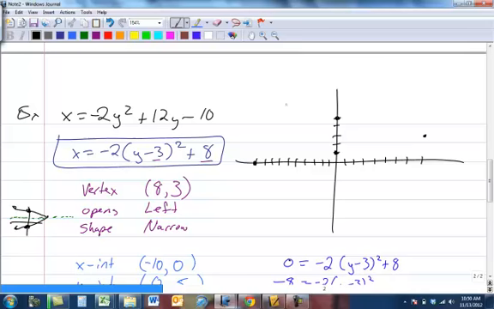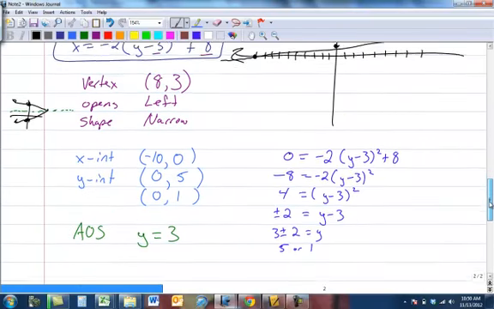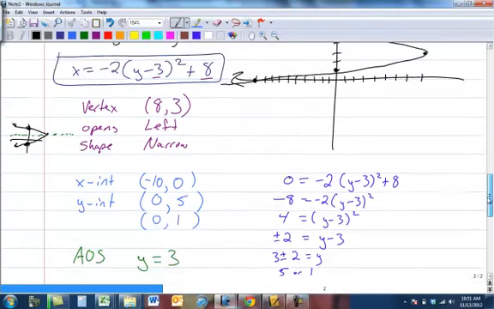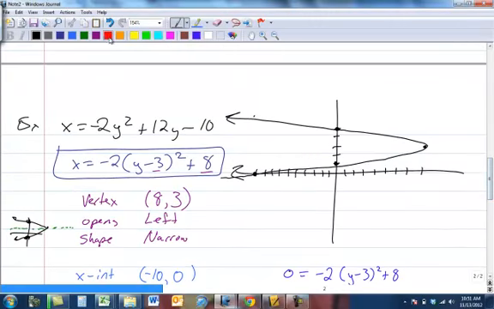I bet this is somewhere up here, right? This is going to be narrow, so this goes like this. This loops around, goes like this. This is a sideways opening parabola, where this is our vertex, x-intercepts, y-intercept. All right. Next thing we need to find are directrix and focus.